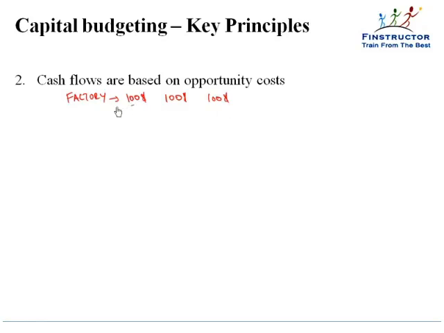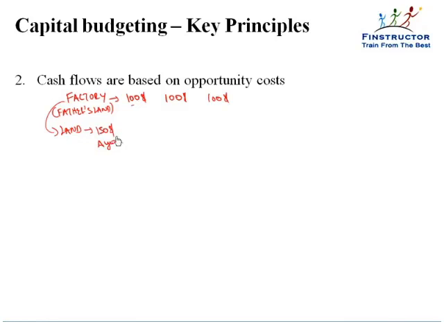Now, this factory was set up on your father's land, and your father is not charging any rent on the factory's land. So that's an expense that you don't have to make at the moment. But had you leased the land from an independent party, then the lease on the land would have been about $150 a year.